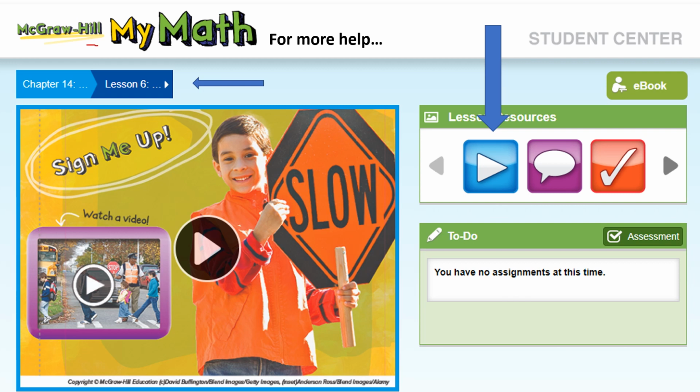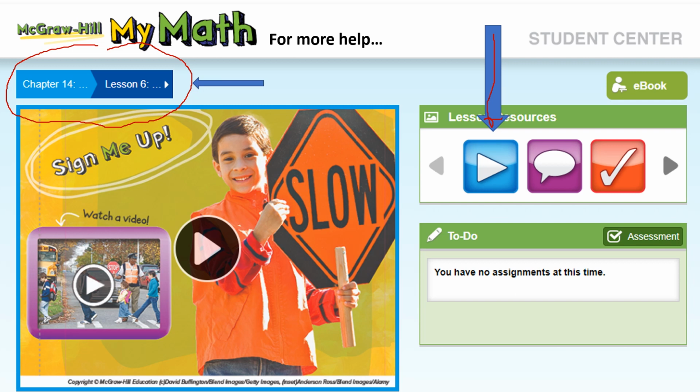When you get in there, go to the upper left-hand corner, and you see where this is, and select what chapter and what lesson we're on. Then, do you see this blue arrow here? I am not good at drawing with this thing, am I? Right there, if you click on that arrow, it actually is a video of someone doing parts of our lesson.